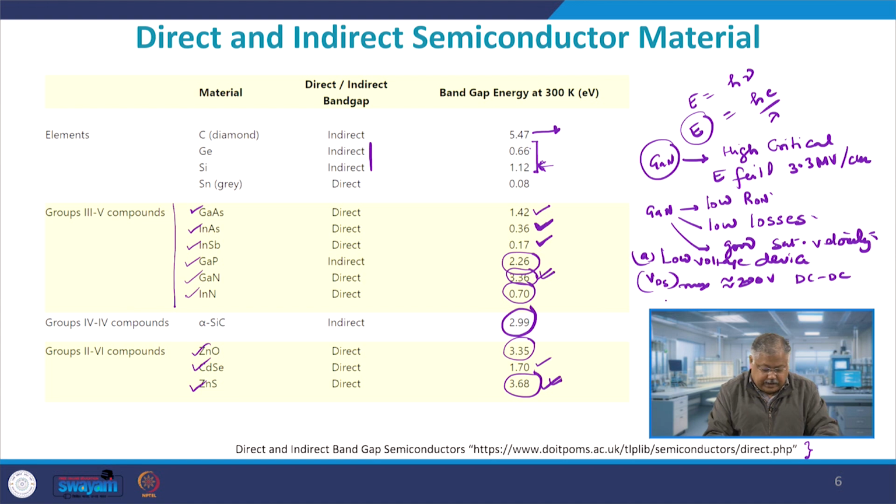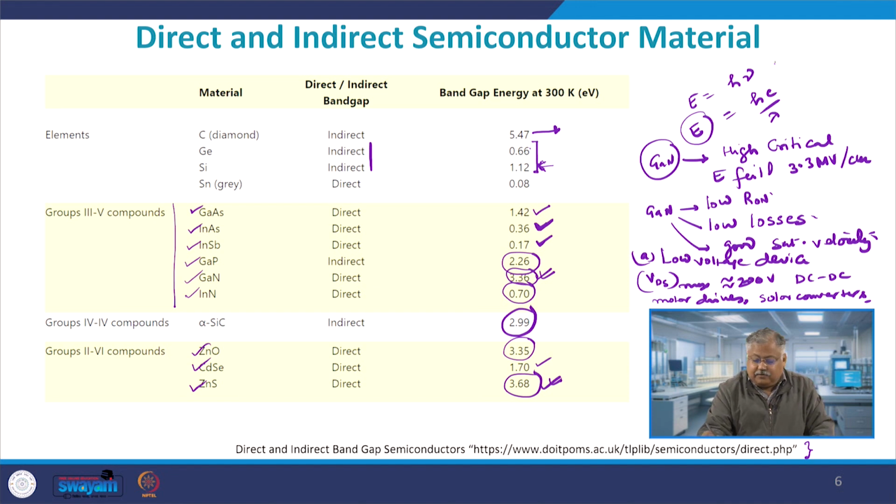We will also find them in motor drives, then solar converters, and so on and so forth, depending upon the application. So, this is basically a low voltage or medium voltage design.